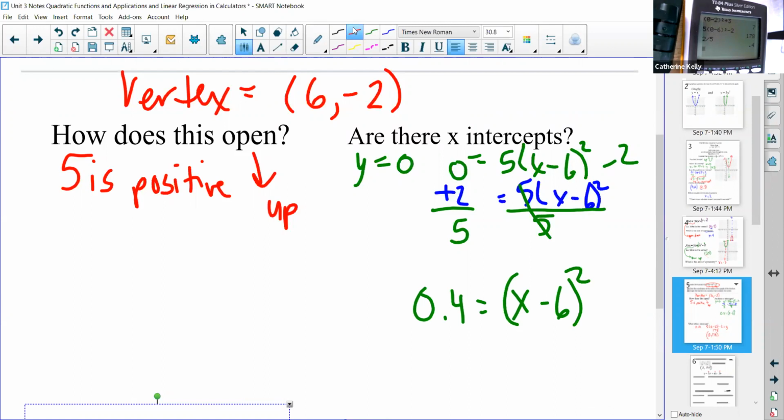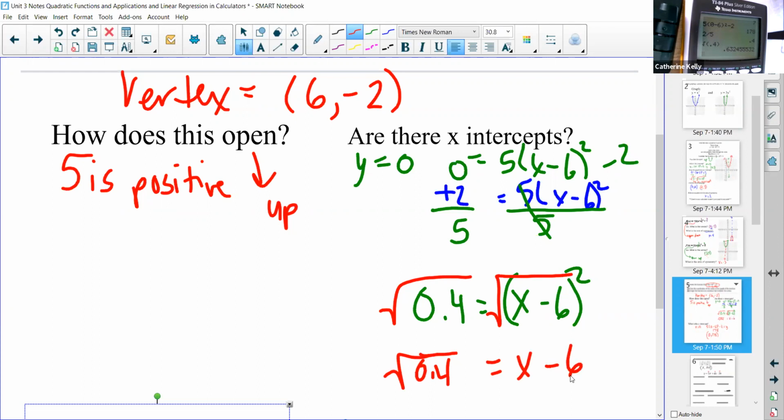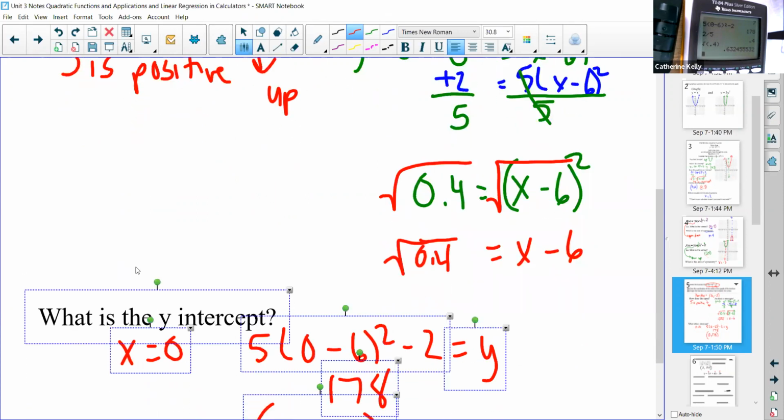When I take the square root of both sides so that the squared goes away, the square root of 0.4 is something crazy. So I'm just going to say the square root of 0.4 equals x minus 6, because since that was squared, I can take one of them out.